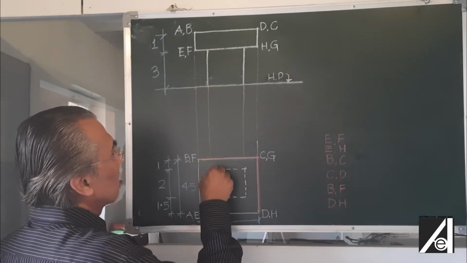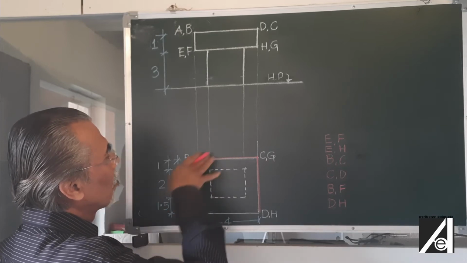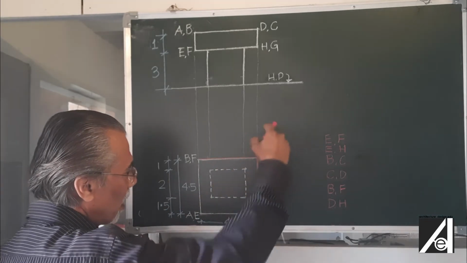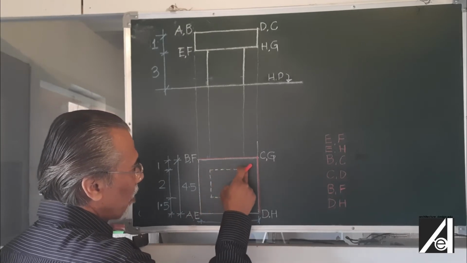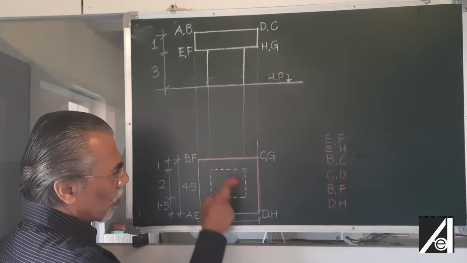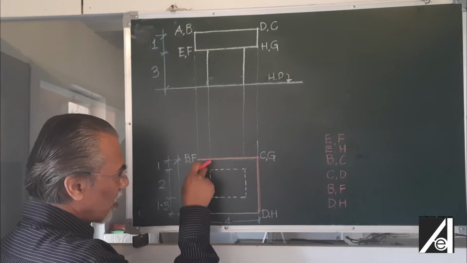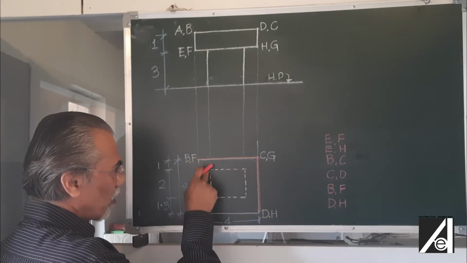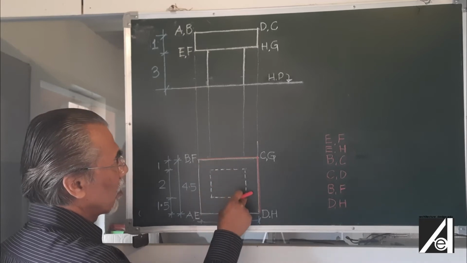The light goes like this, like that. This will not give because both the surfaces are lit, and this will also not give because both the surfaces are in dark. This will give and this will give because one surface is in light and one surface is in dark. For this vertical edge also, this surface is in light and this surface is in dark. So these two vertical edges are considered.